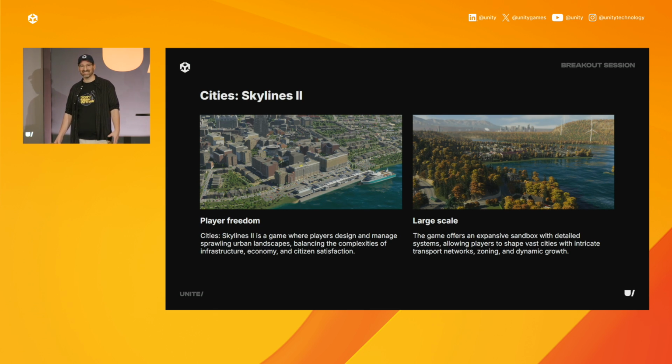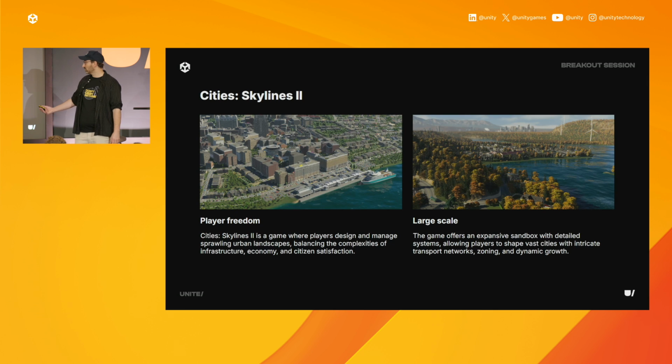But the truth is, with modern hardware, where you want to scale up the simulation with the amount of cores available on your machine, you need a proper multi-threaded solution where you can really implement a lot more details. So at the time, we wanted to build a game similar to the first game, but with a lot more details, bigger scale, and kind of better everything.